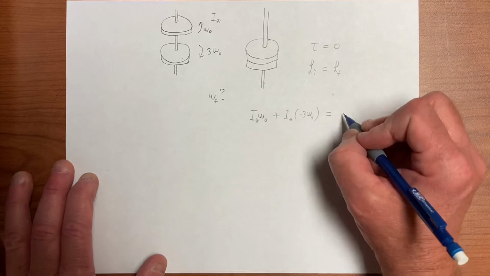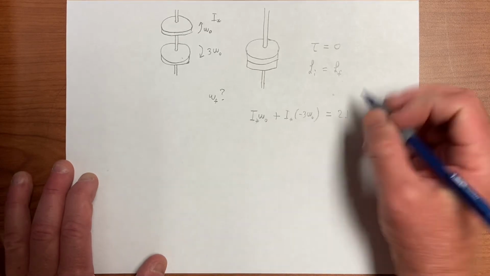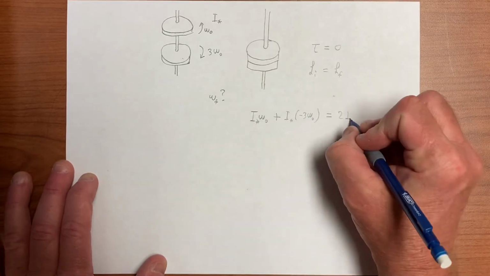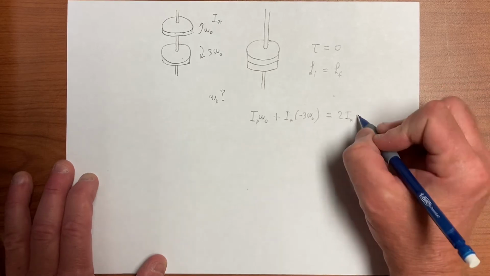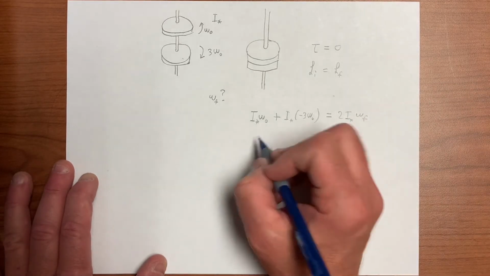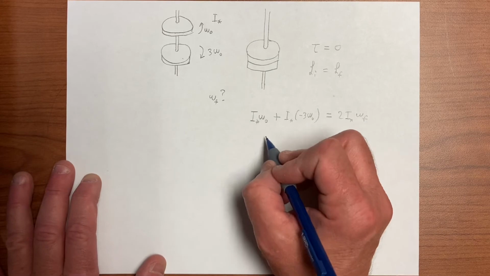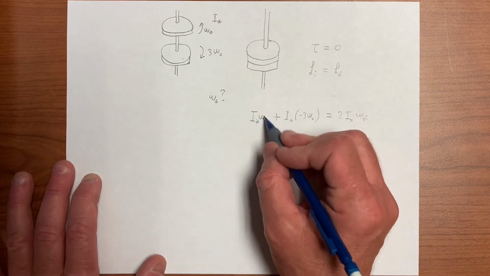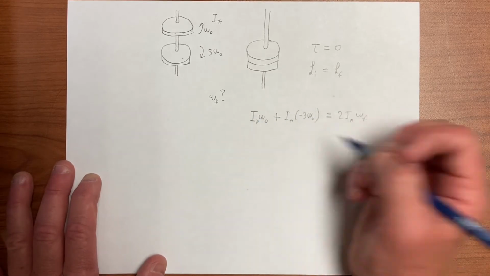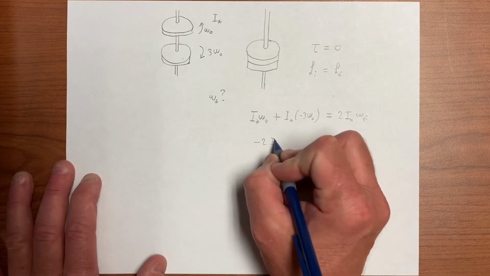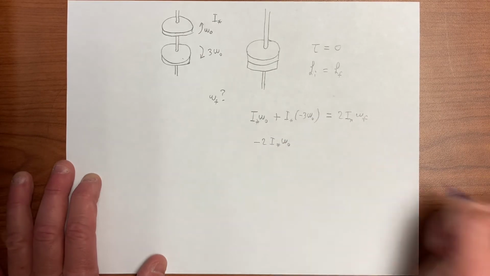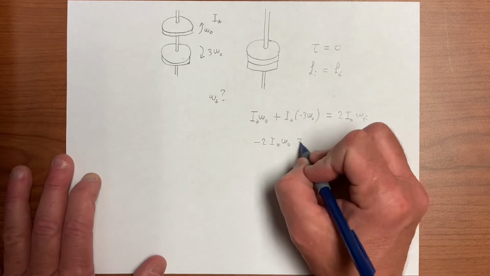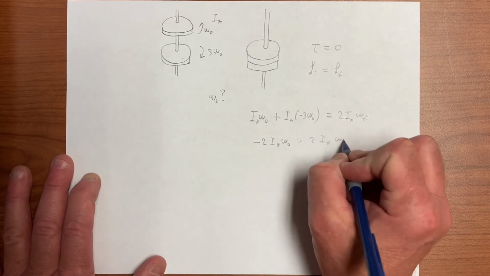And then we have the final moment of inertia, which is twice I star, and the final angular speed. And so this side becomes 1 times this quantity minus 3 times that quantity. So we get minus 2 I star omega naught, and that's equal to 2 I star omega final.